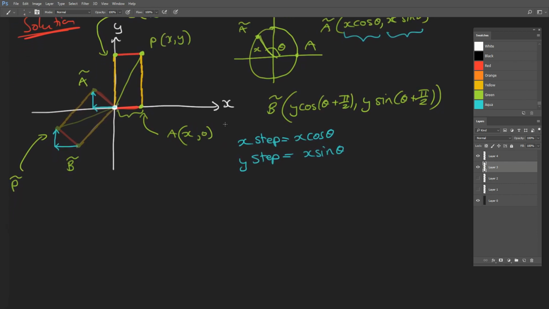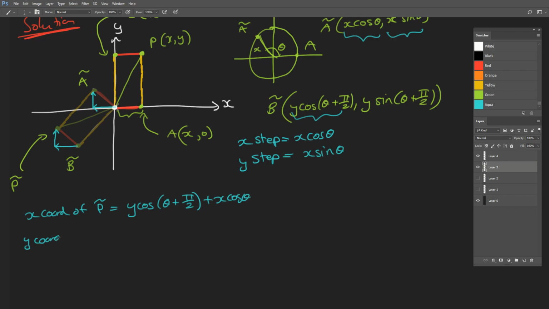But that means we can add these coordinates onto B tilde to get P tilde. So I'll write the x coordinate of P tilde. This is going to be our x coordinate of B tilde, which is going to get us to there, and then we'll add on this x step to get us to there. So that's going to be y cos of theta plus pi on 2, plus our x step, which is x cos theta.